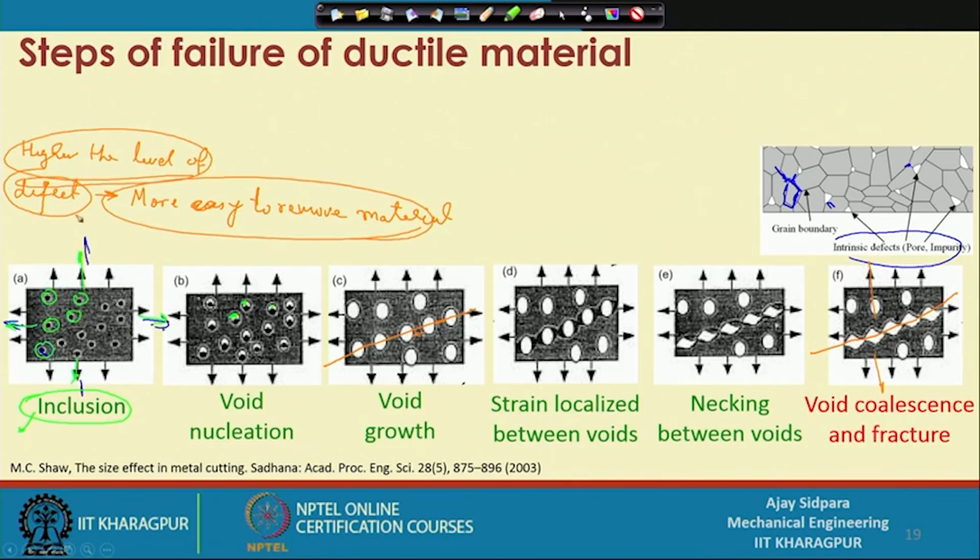We need a defect-free material, but no material is defect free. There are these types of defects available, and because of that you get material removal by different mechanisms.